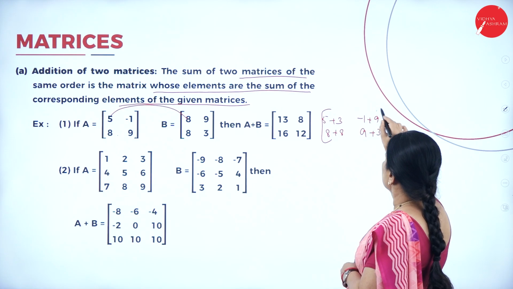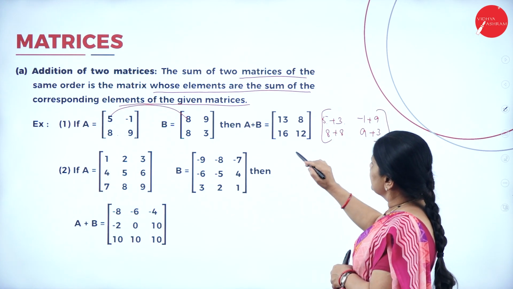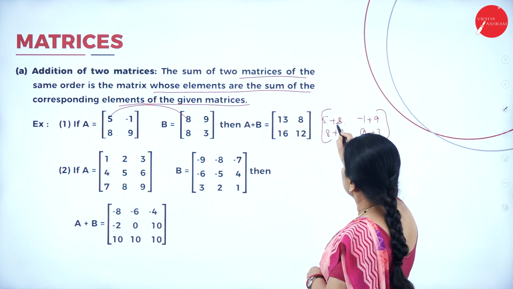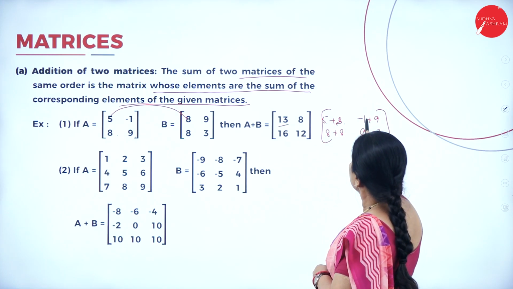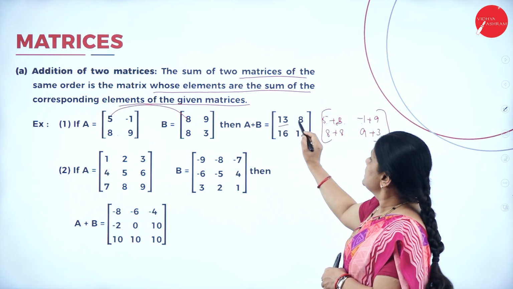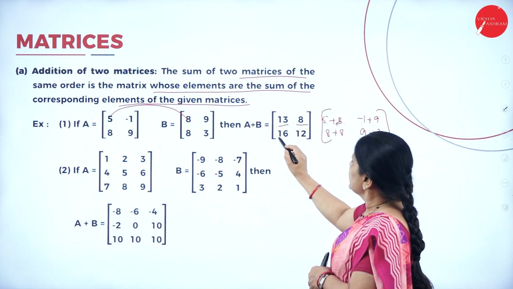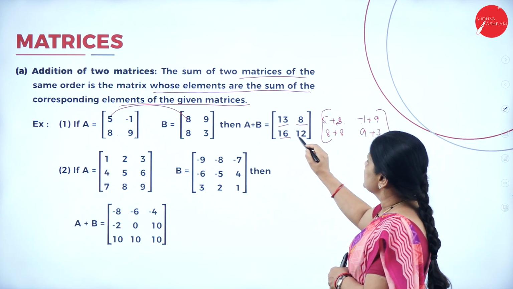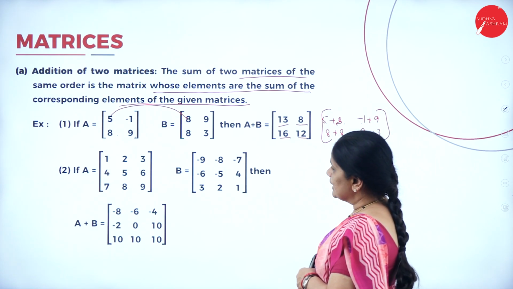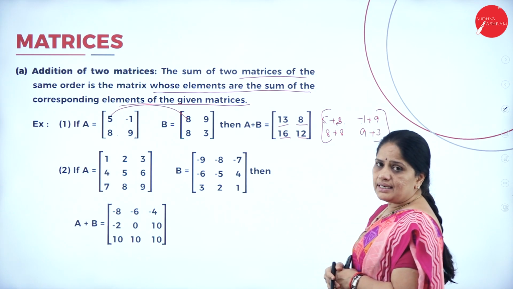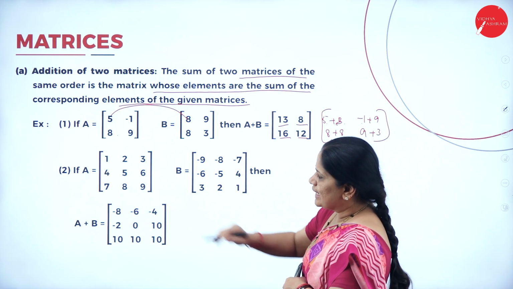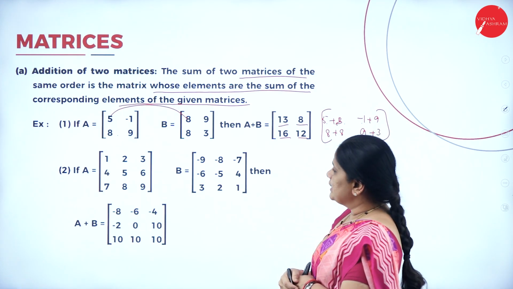So 5 plus 8 is 13, then minus 1 plus 9 is 8, 8 plus 8 is 16, 9 plus 3 is 12. So in this way, we can add matrices. Now you can go to the next example here.